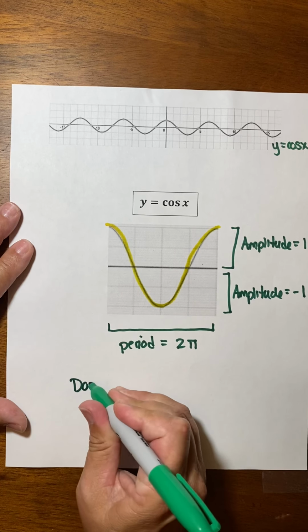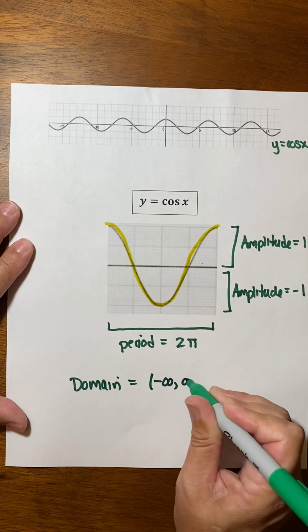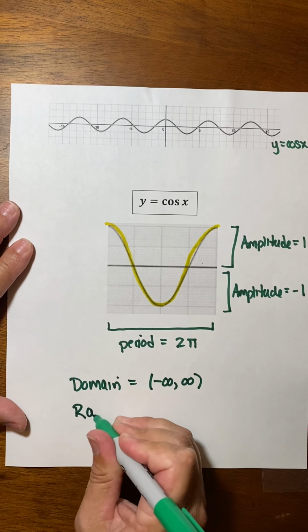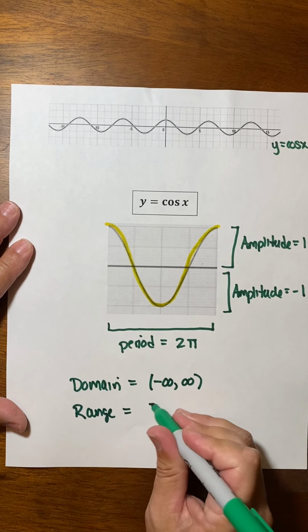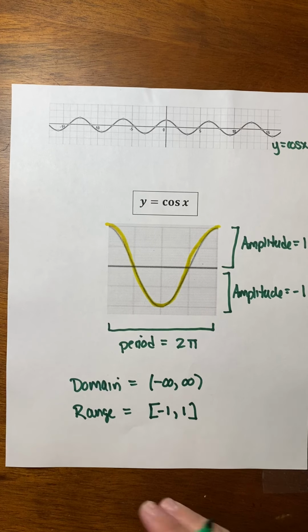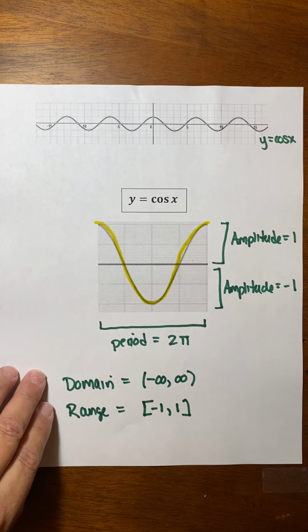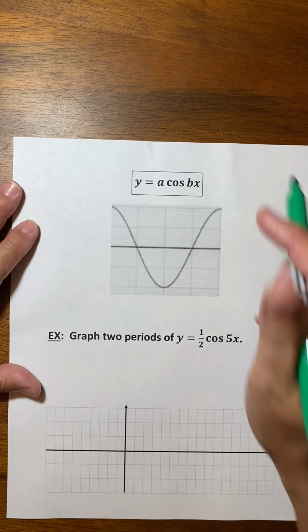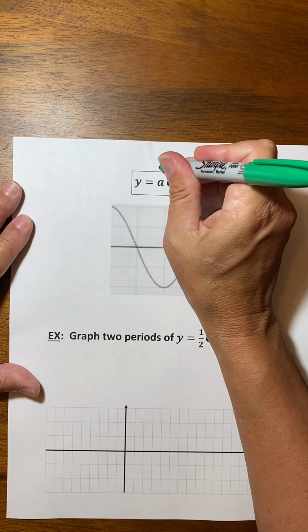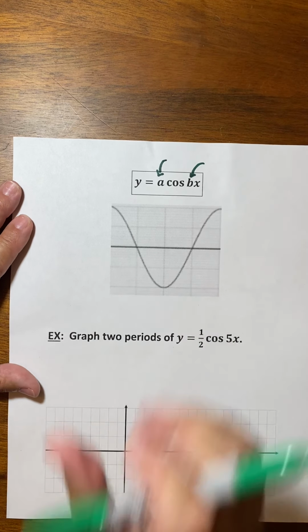So let's just write that in there. So it's the same domain and range. All right, so that's not all that interesting. So what happens when we put coefficients out front? The same thing happens to the cosine that happened to the sine. A is going to determine the amplitude, and B is going to determine how quickly this repeats itself.